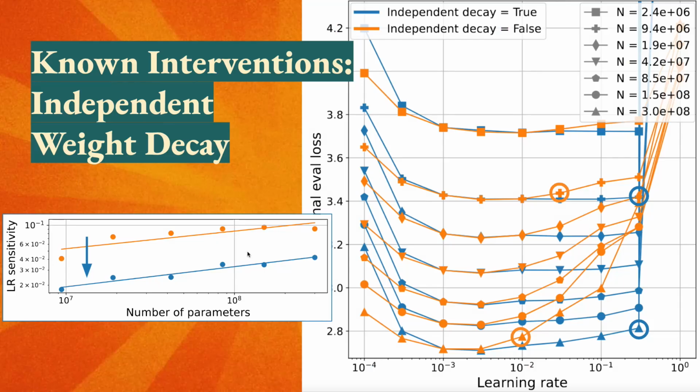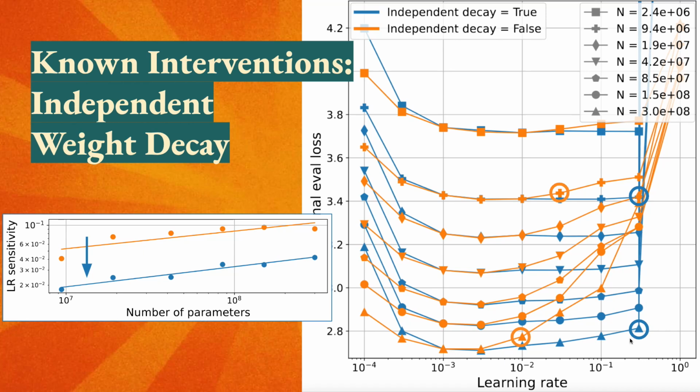So let's look at our LR versus loss curves and our LR sensitivity. And we see the same trend here. I think this is a really nice chart to look at because it helps me understand what LR sensitivity really is. So if we look at the 300 million parameter model, the blue line is independent decay is true, and the orange line is independent decay is false.